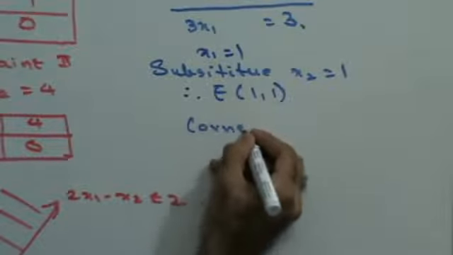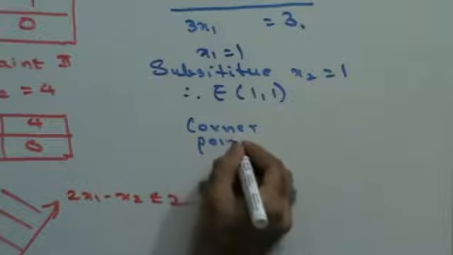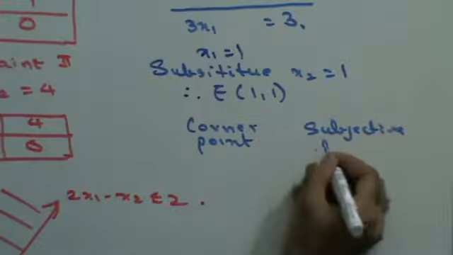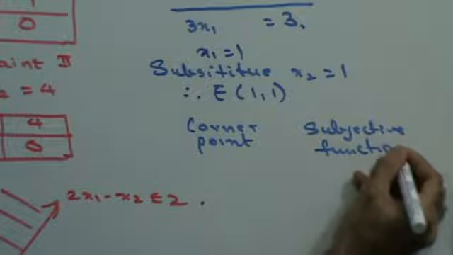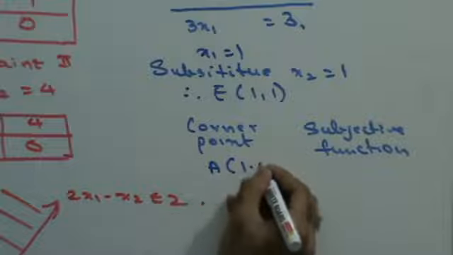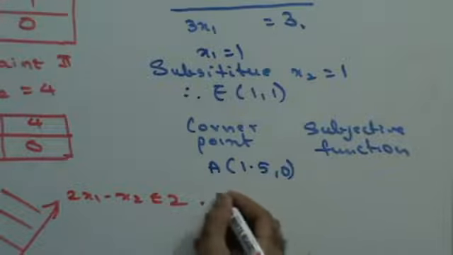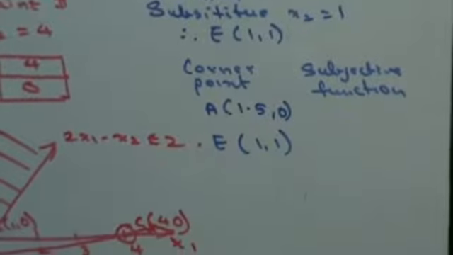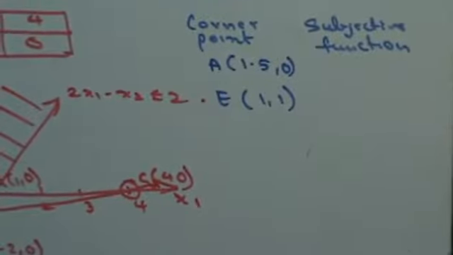I can say corner points, and I can say objective function. Which are the corner points? Corner points are nothing but A 1.5, 0 and E. There are only two corner points. E, which we found out is 1, 1. Your objective function was 6x1 plus x2.